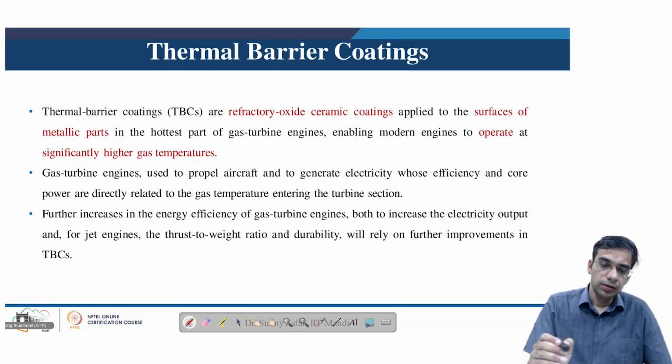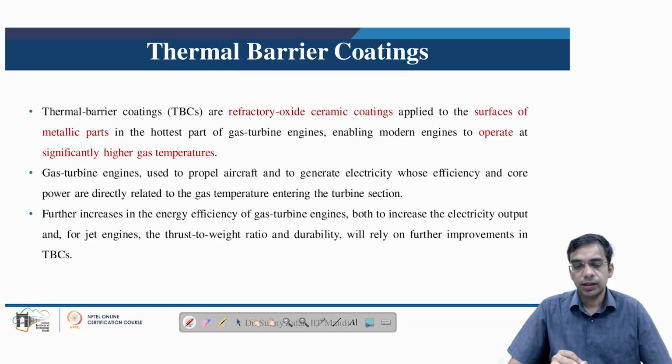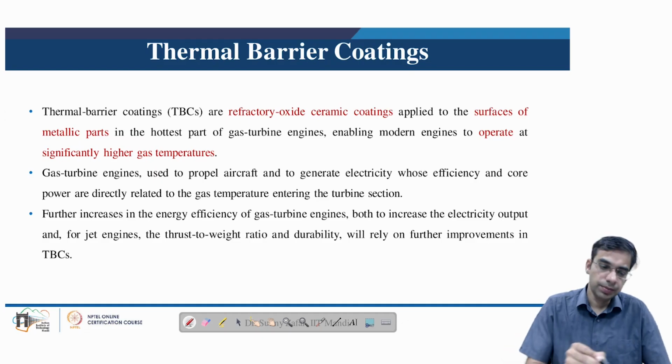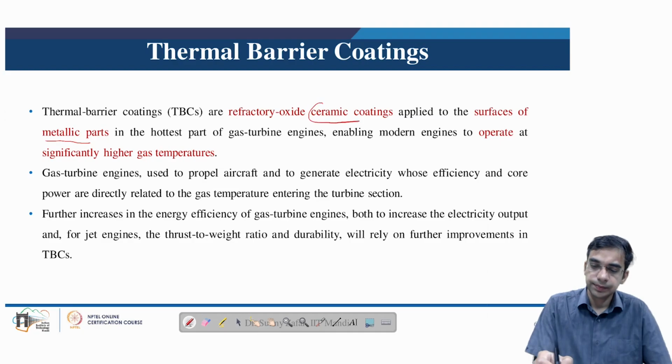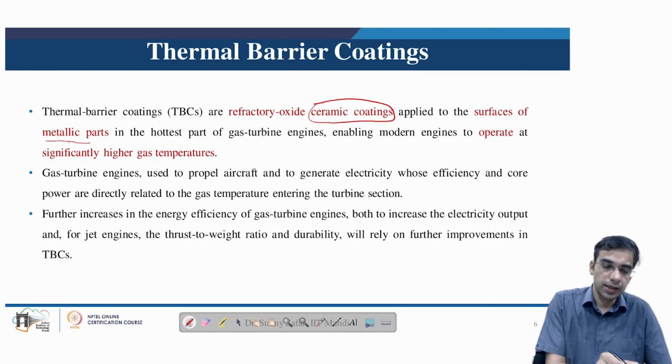So thermal barrier coatings are refractory coatings of ceramic material applied on surfaces of metallic parts. This is important: these are ceramic coatings, but they are applied on metallic surfaces.